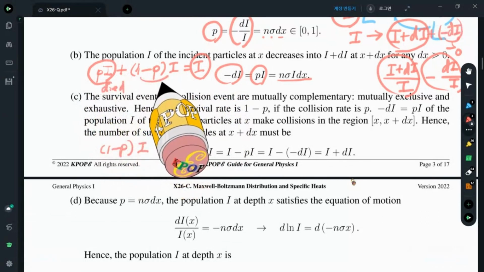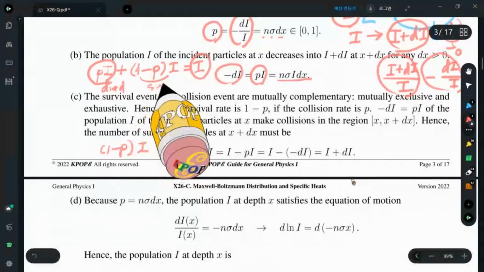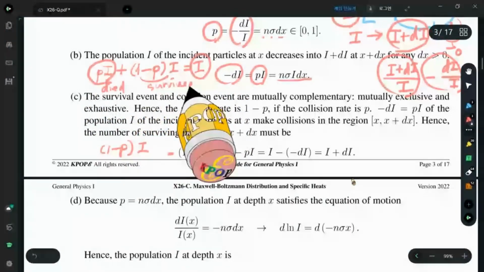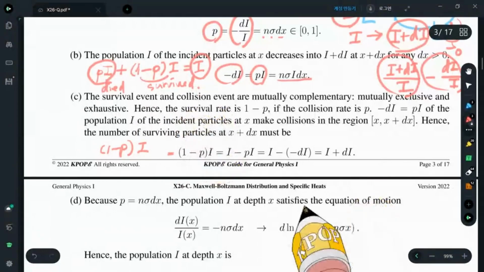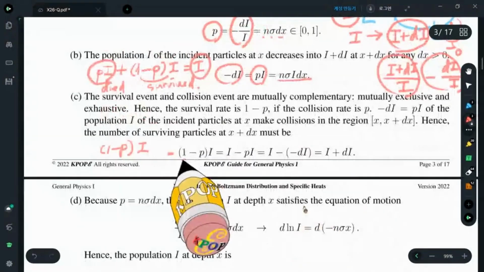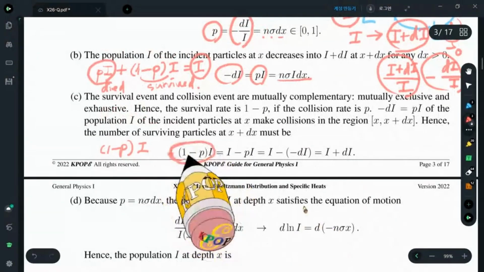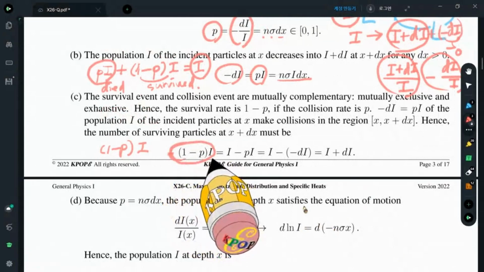The population of not making a collision survived. So this amount, 1 minus p times I, is the population of not making a collision.